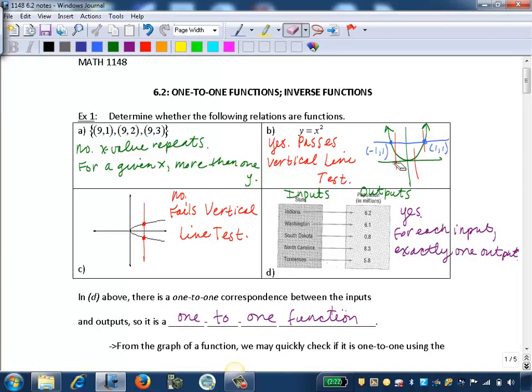So in this case, the y value repeats. So when we're determining whether a function is a one-to-one function, you're checking if the y value repeats. So this is not one-to-one. It is a function because it passed the vertical line test, but it's not one-to-one because we have 2 inputs for 1 output. In other words, the y value is repeated.